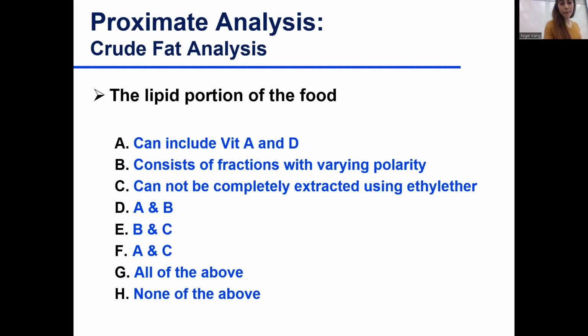So A is correct. The lipid portion of the food can include vitamin A and D, consists of fractions with varying polarity, cannot be completely extracted using ethyl ether or diethyl ether. What do you think?